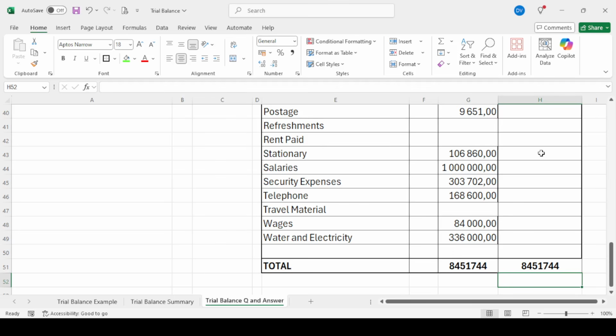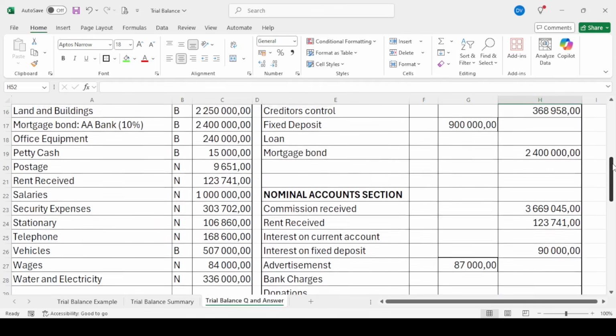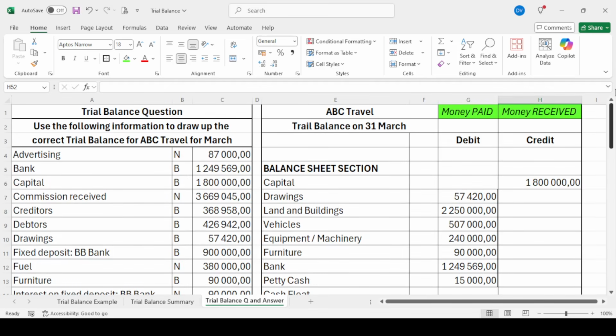If it is out with whatever amount, just do a calculation where you take the one amount minus the other one. Okay? And then you divide it by 2. And that should be exactly the amount that you've put in the wrong place. Okay, but once you've done this, your trial balance is complete. You've put everything on the right place, on the right side, and your work is done.